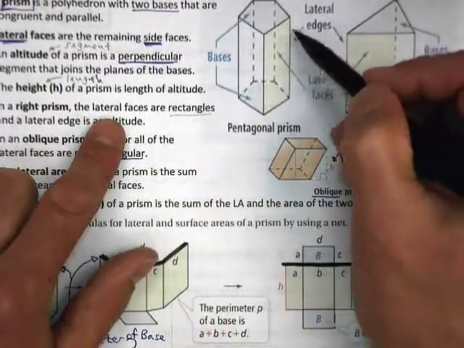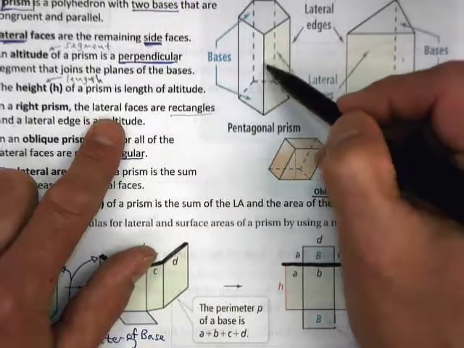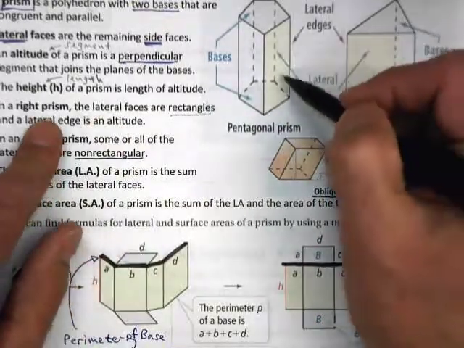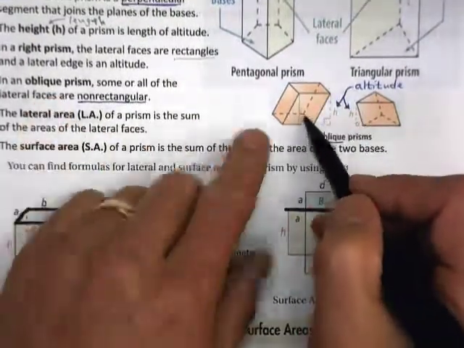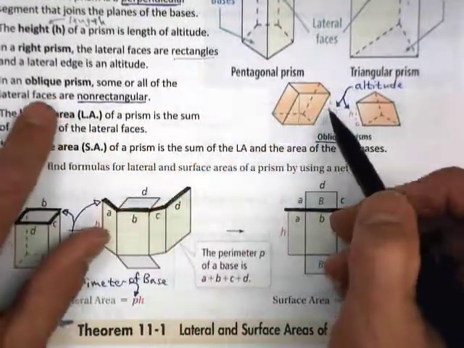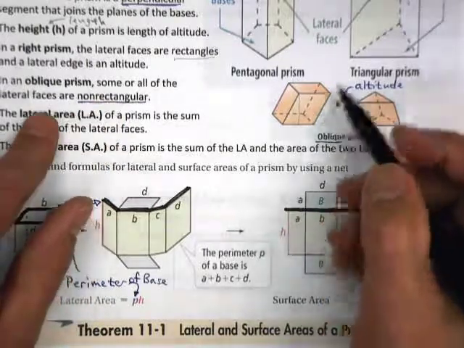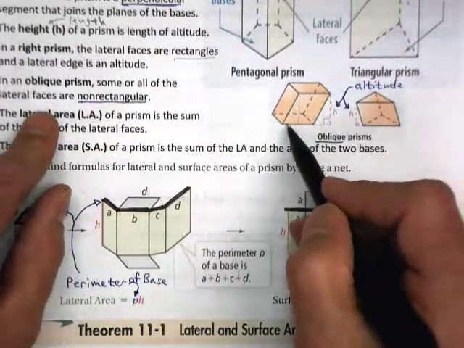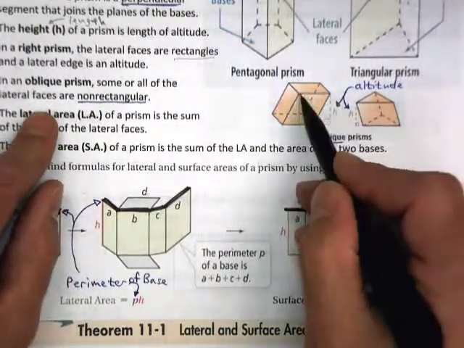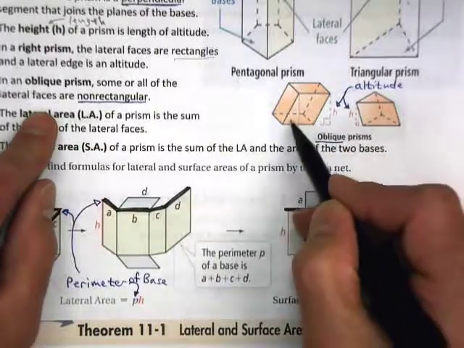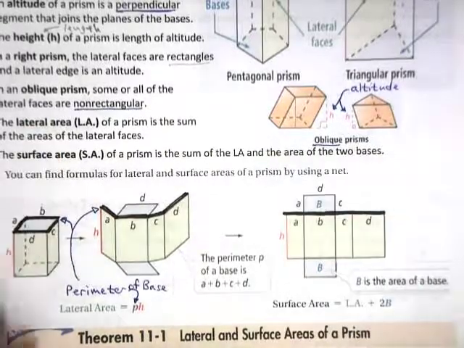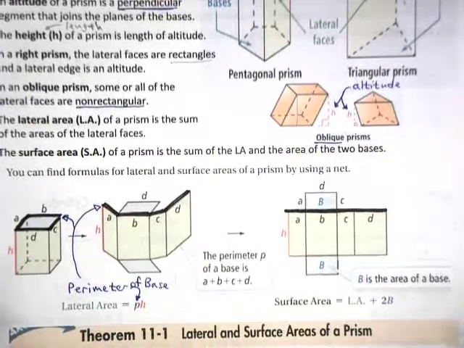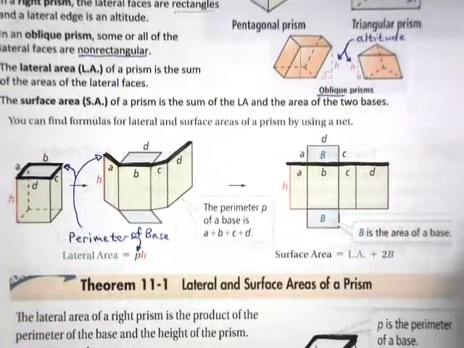So each of the lateral faces around this right prism are rectangles, whereas an oblique prism, where it's squished over to the side, then some or all of the lateral faces are non-rectangular. So here's a parallelogram, and you can see that this is not 90 degrees here. That's an oblique prism. Okay, so that's our foundational terminology.